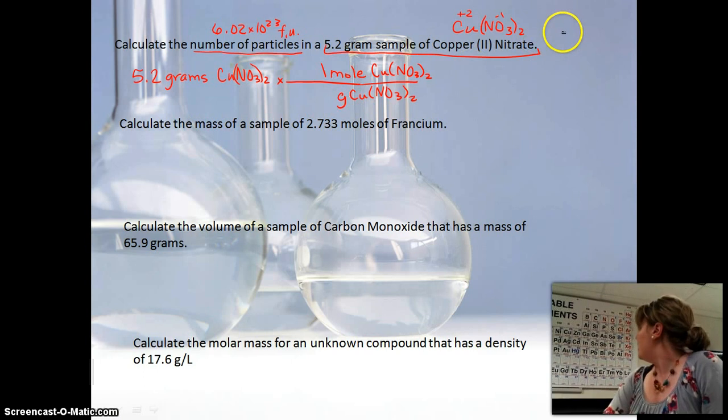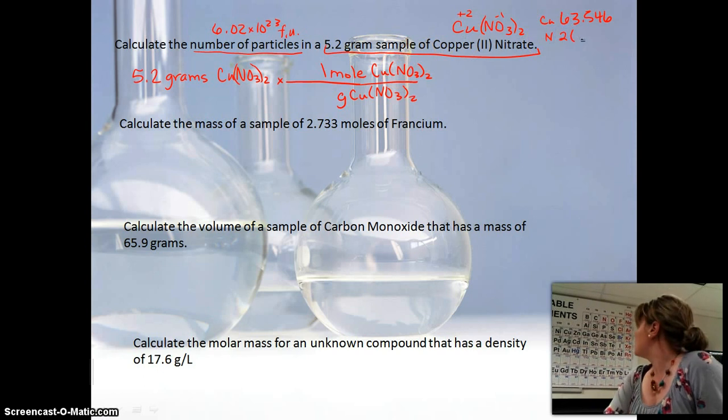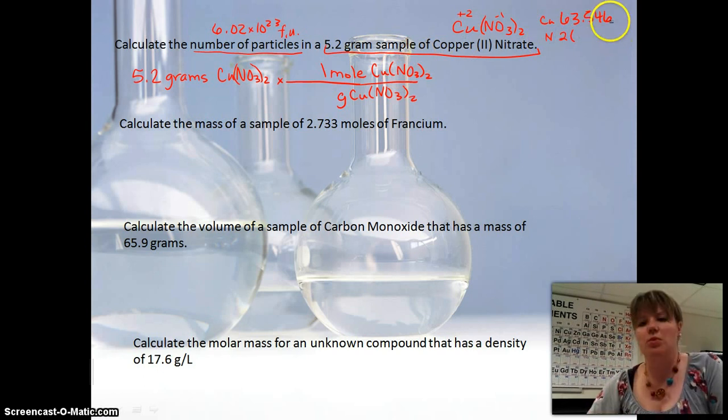Copper is 63.546, and there's only one of them. And then we have 2 nitrogens because that 2 goes to both. So nitrogen would be 2 times 14.0067. And then we have 6 oxygens.